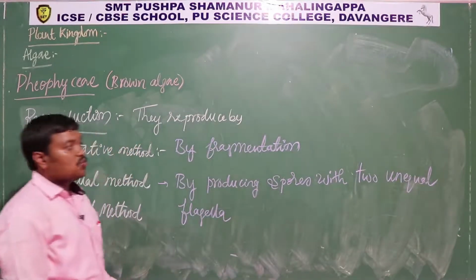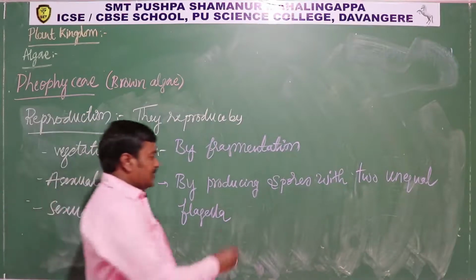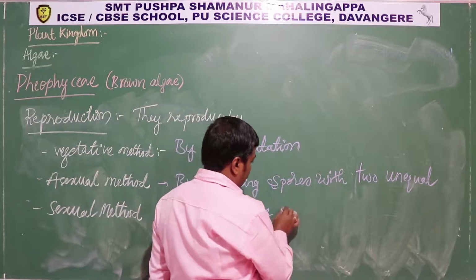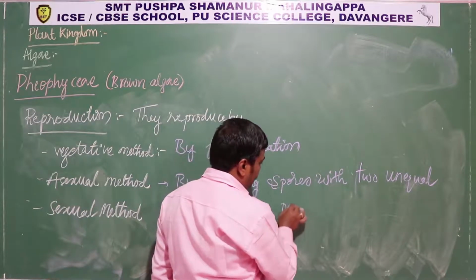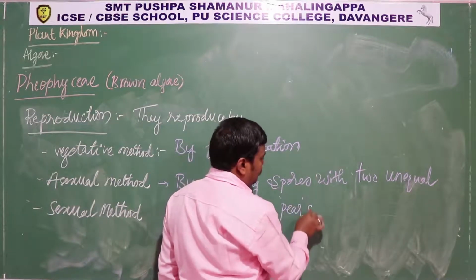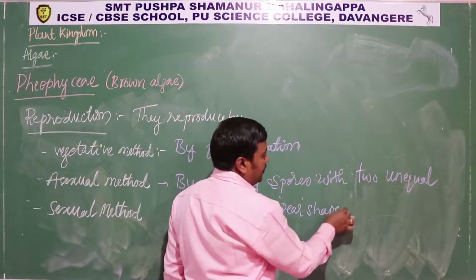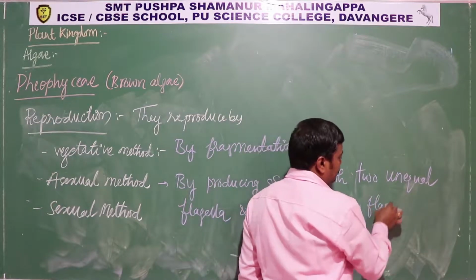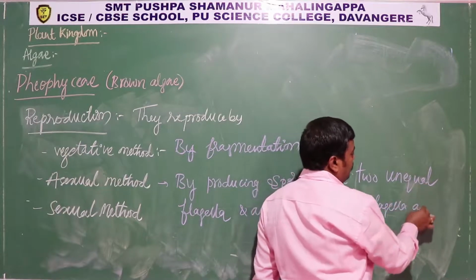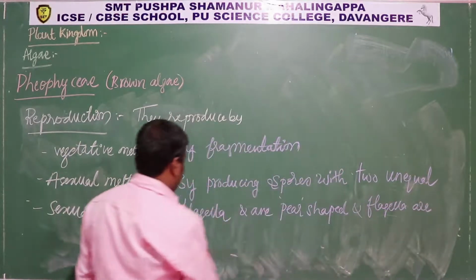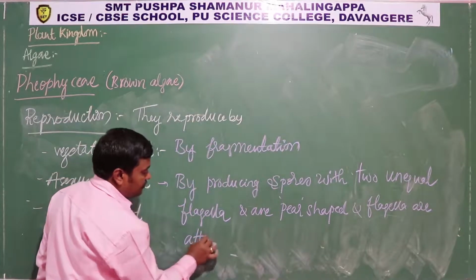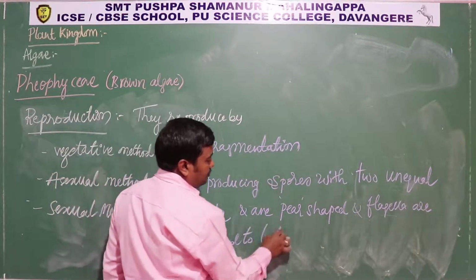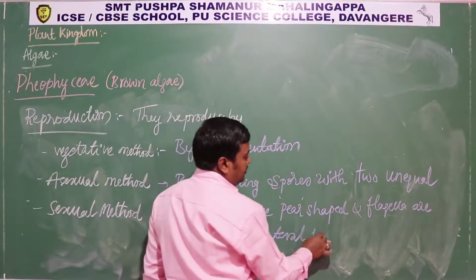The spores are pear-shaped, and the flagella are attached to the lateral side.